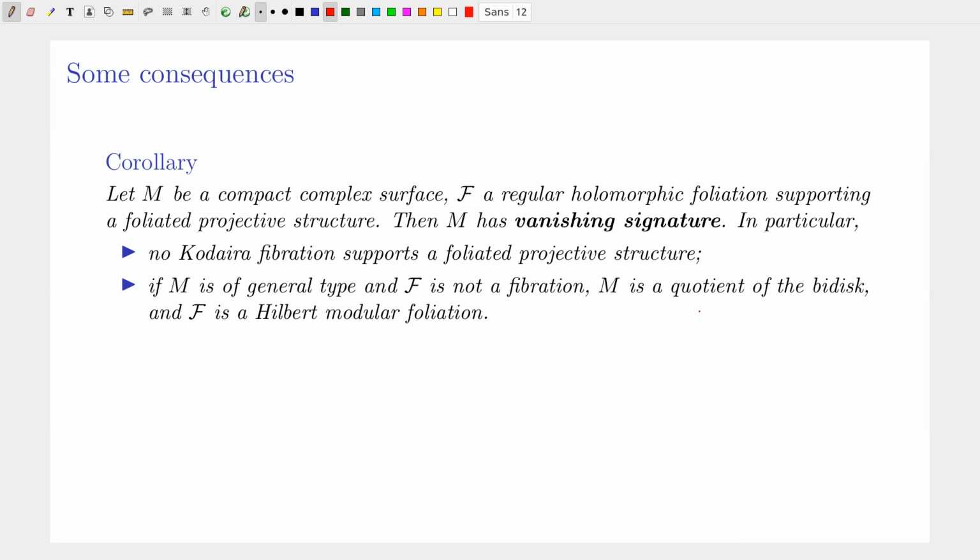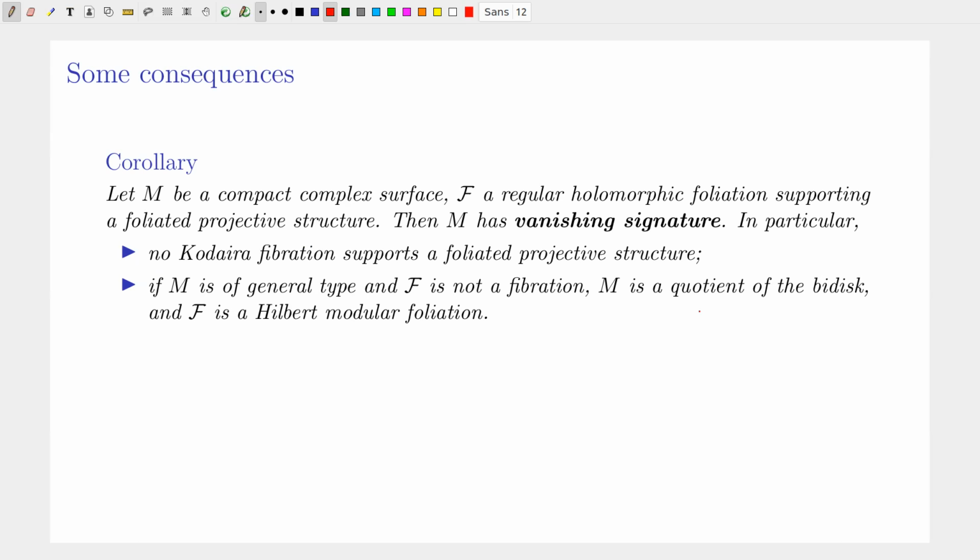Okay, so in particular, this gives another proof of Shen-Yuan-Xiao's result, because Kodaira fibrations always have non-trivial signature. So our result implies that it has vanishing signature. No Kodaira fibration can admit a foliated projective structure.